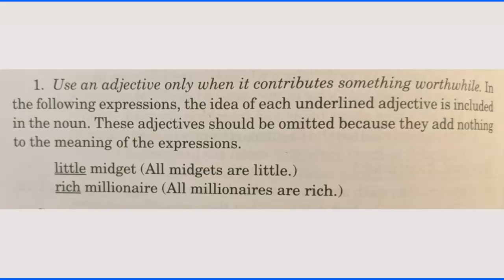Maybe the loud storm would be okay, but we already know that a midget is going to be little in size, that a giant is going to be tall in size. If you were to say, the rich millionaire came to my house last night, well, a millionaire is rich just in and of who he is. So we don't necessarily need to attach an adjective. Maybe give me something else. The handsome millionaire, the poor dressing millionaire. So there's other things that you can use to describe them.